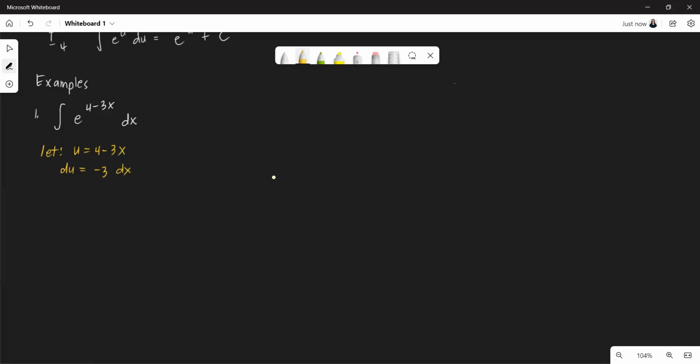As you can see, there's no negative 3 in the given function, or the integrand. So we can multiply it with the lacking factor, as long as we neutralize this.